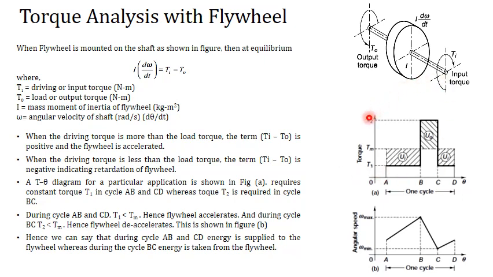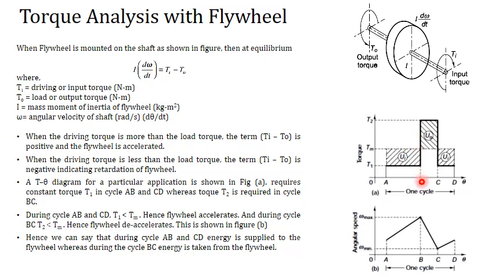Here this T theta diagram is shown, where Tm is the mean torque provided by the system, Ti is the input torque and To is the maximum output torque. Now during the cycle from A to B, we can see that the input torque is smaller than the mean torque provided by the flywheel, and hence during this period the flywheel will accelerate, the speed of the flywheel will increase.